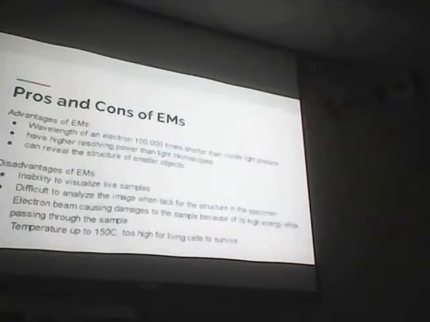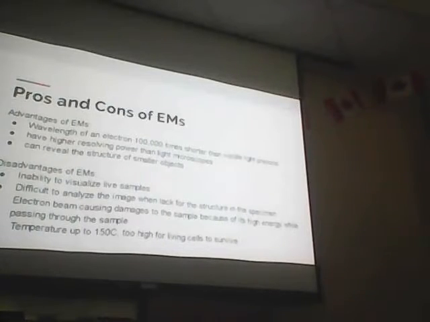Thanks. And then we'll talk about the pros and cons of the EMs. The EM is the electron microscope. The wavelength of an electron is 100,000 times shorter than that of visible light photons, and it has a higher resolving power than the light microscope, and can also reveal the structure of smaller objects.